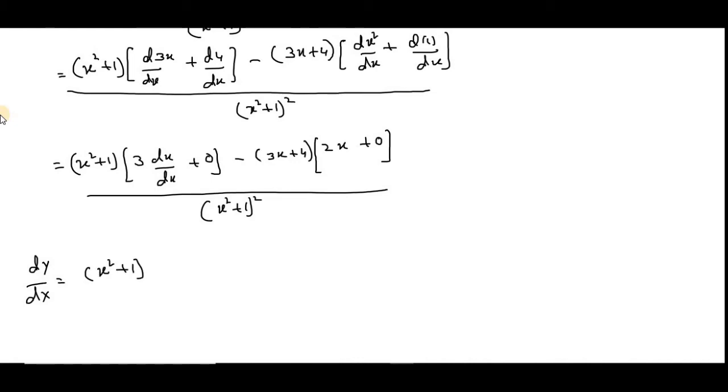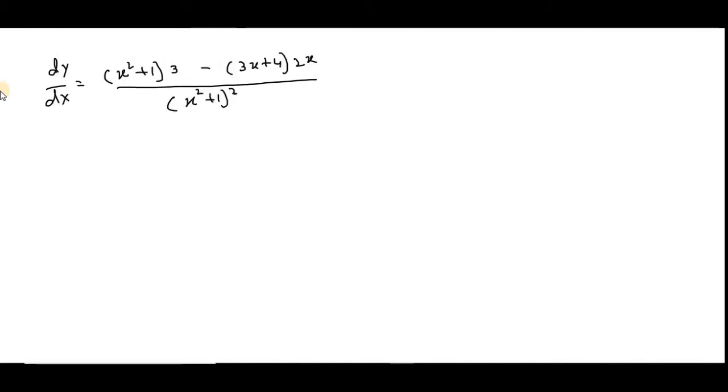So here dy by dx, x square plus 1, 3 minus 3x plus 4, 2x. This we have obtained after simplification.